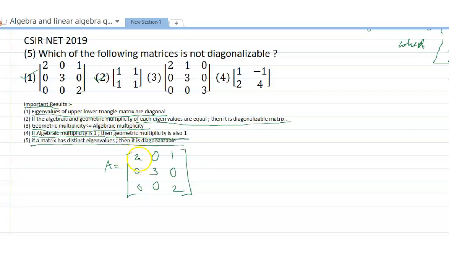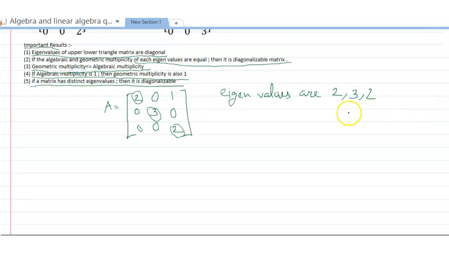Here you can see 2, 3 and 2, so this is a triangular matrix, and the eigenvalues are 2, 3, 2.